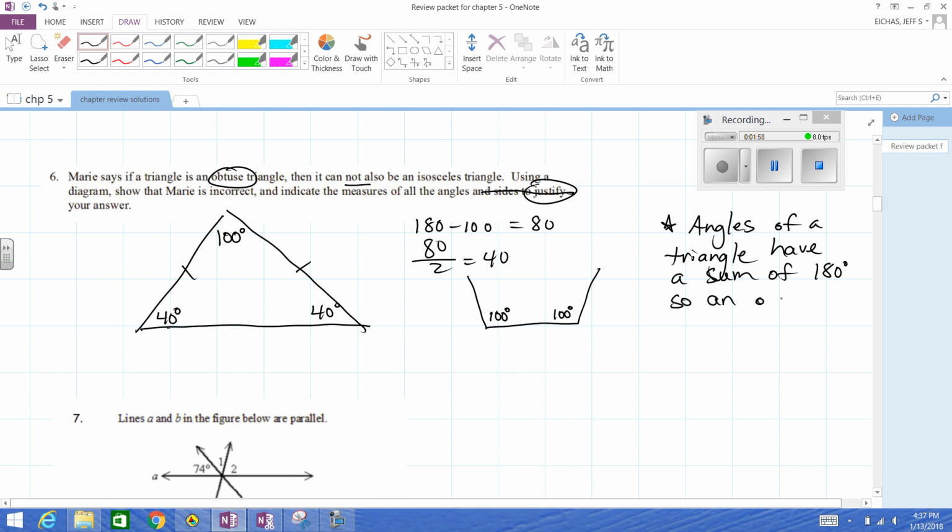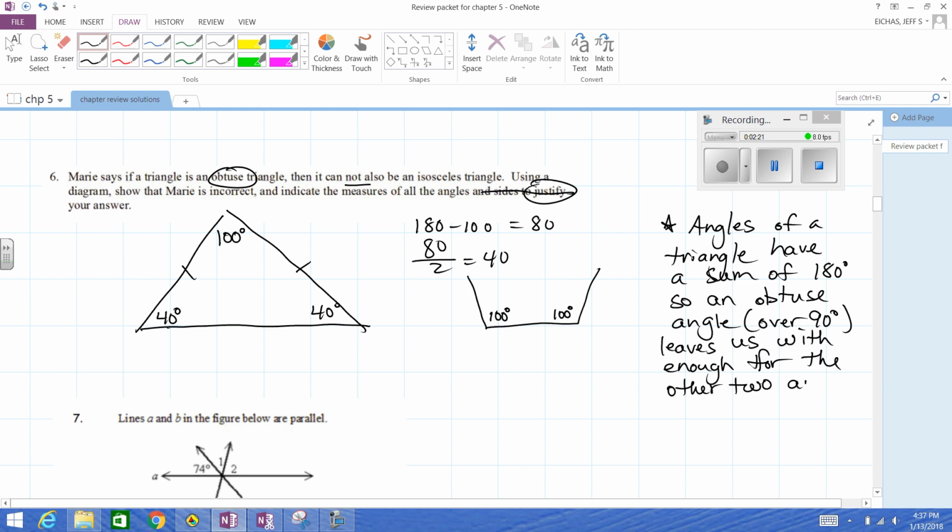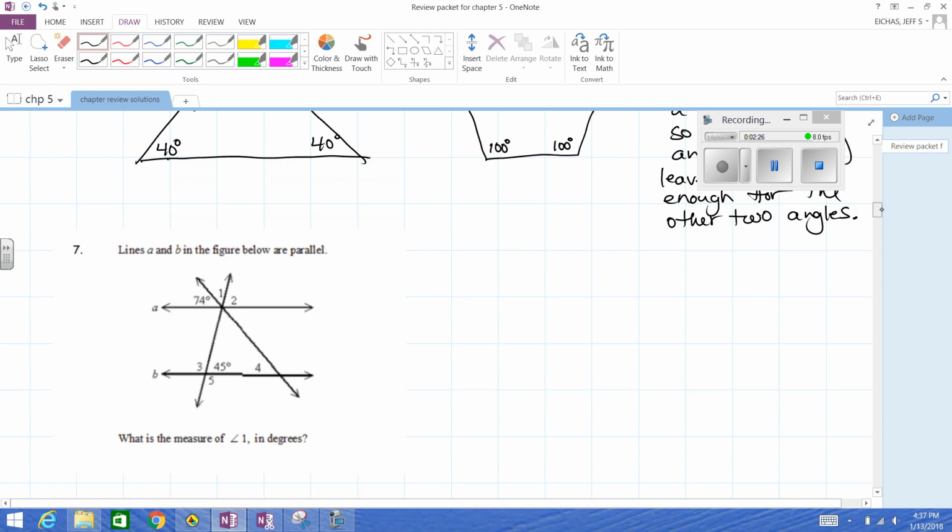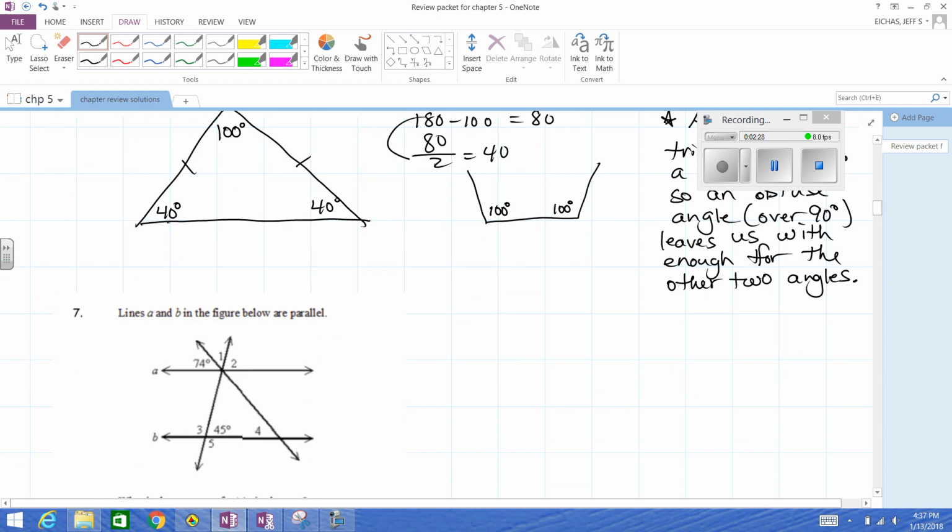So an obtuse angle, over 90 degrees, leaves us with enough for the other two angles. Okay, so that's all we did. And then this also works to justify too. That right there is part of the justification.